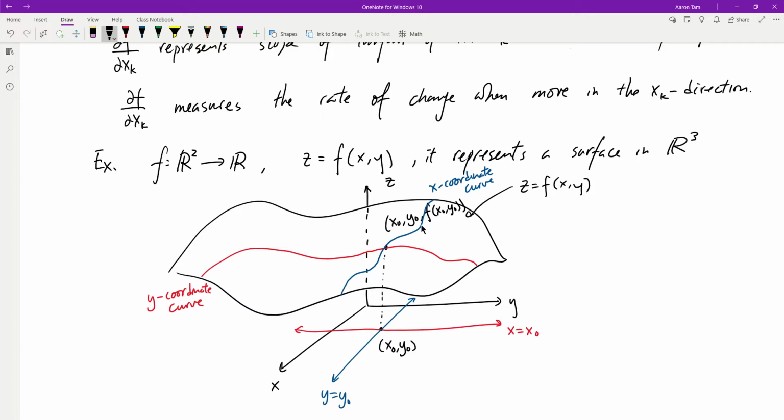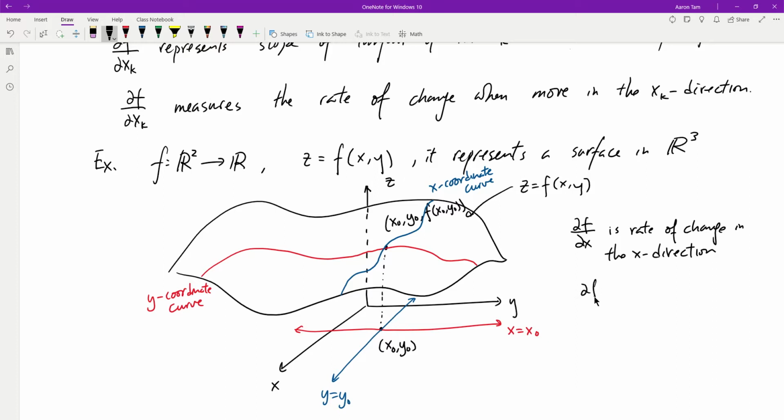So if you think about it, the partial derivative basically indicates the rate of change in a specific direction. In this picture, you can think of df over dx as the rate of change in the x direction, because it allows you to move along y equals y sub 0, where you're changing the x value.